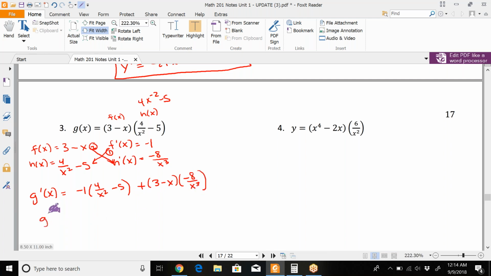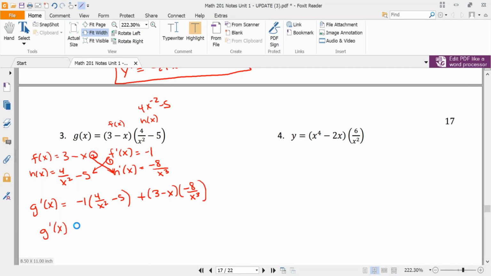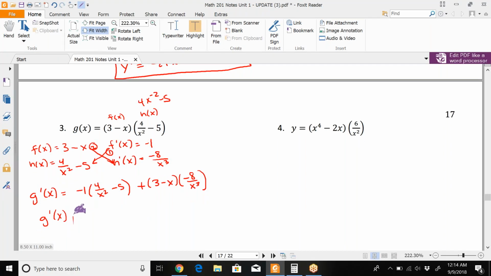I want to distribute everything out. So this is -4 over x squared. -1 times -5 is +5. Then I get, that's going to be -24 over x to the third.